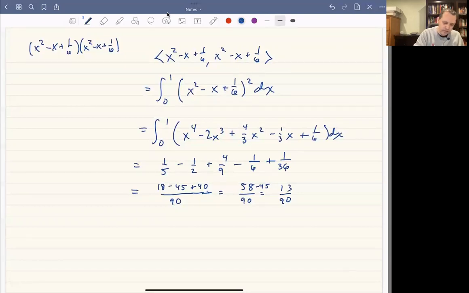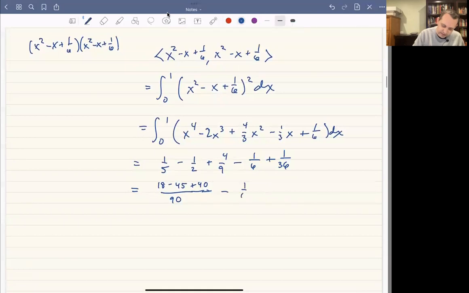We already did the work of the first few. So this is minus, let's see, we can't write 36 as being over 90, but we can write it as being over 180. So that's minus 1/6 plus 1 over 36.